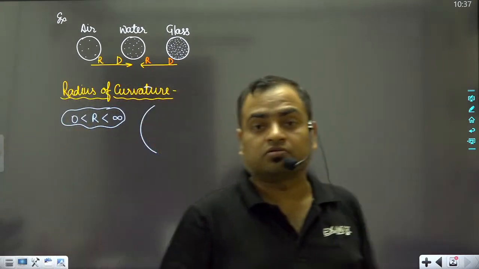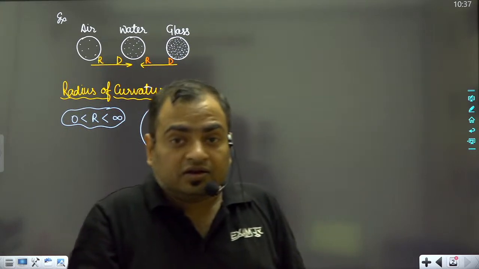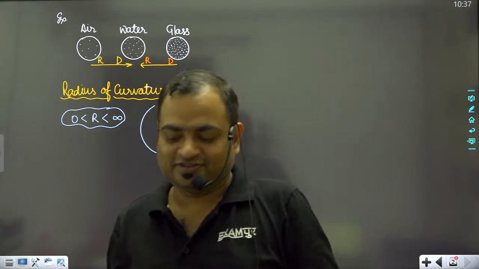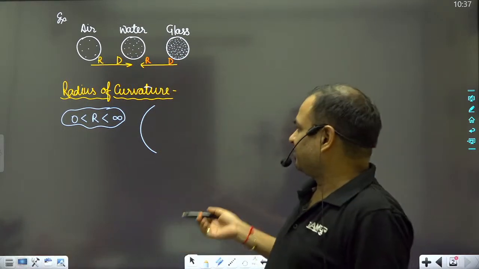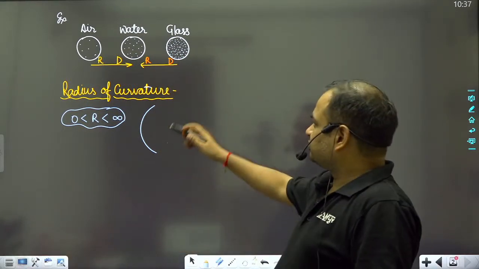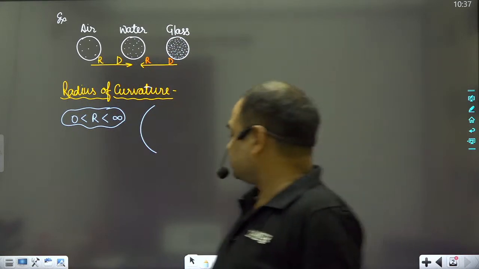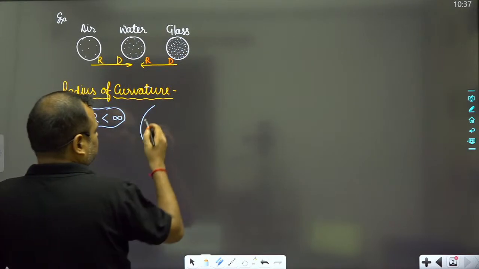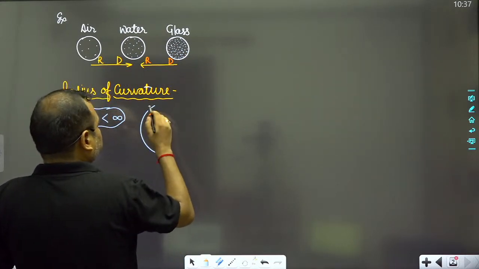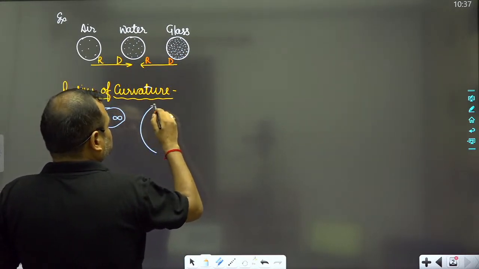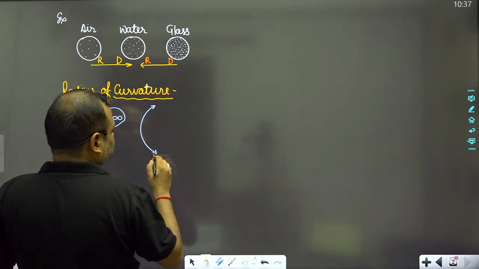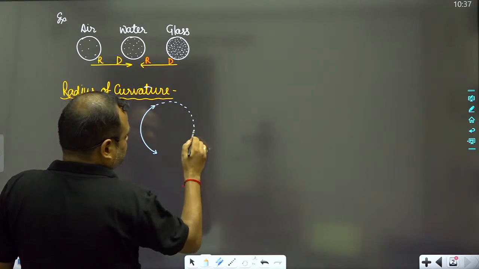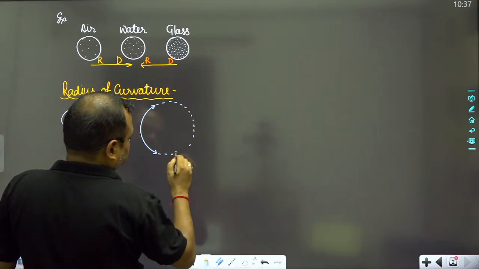You will say that, sir, this is not a circle, so how can I tell the radius? But we can tell, because this is a curve type segment, so we can just extend both ends and complete that circle.